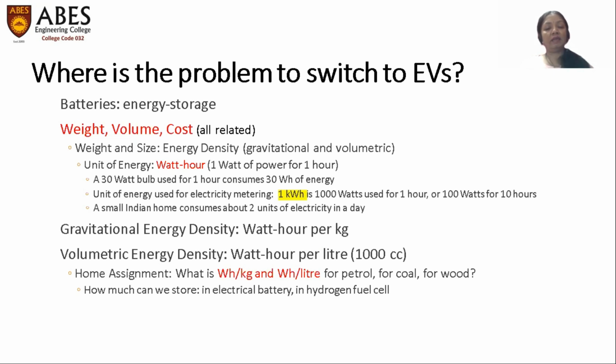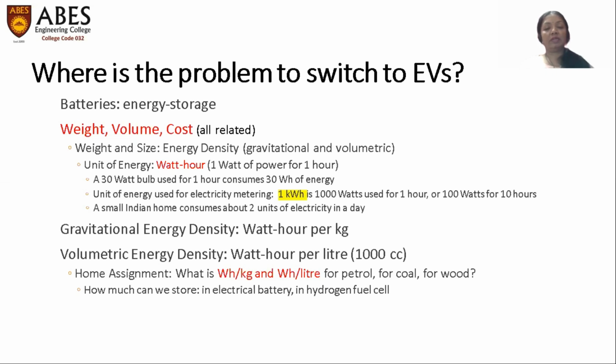Watt hour is an electrical unit of energy. The unit of energy is joule, or the electrical unit of energy is watt hour. So in the electric vehicle, we would be using the unit of energy in terms of watt hour.